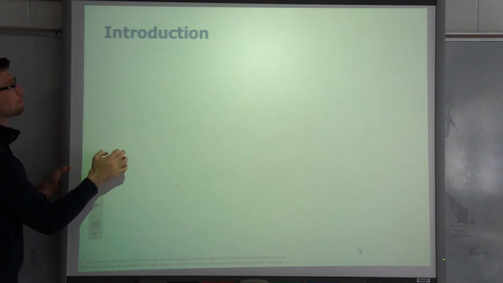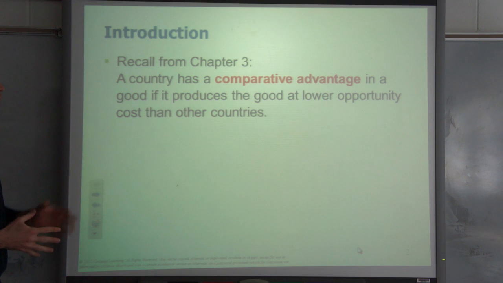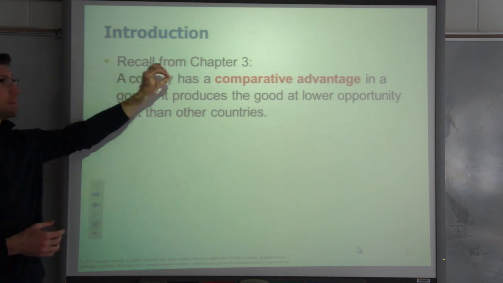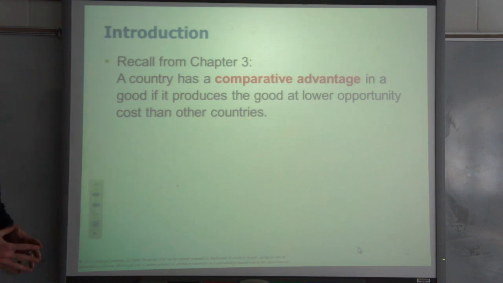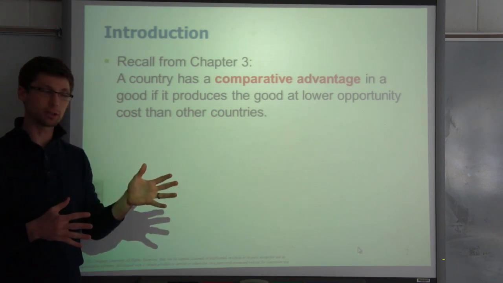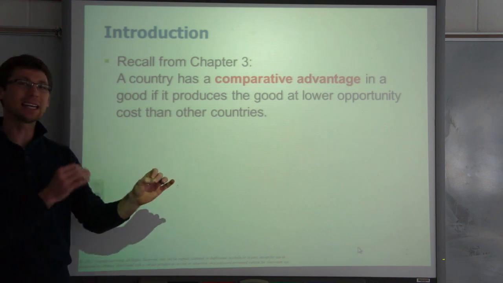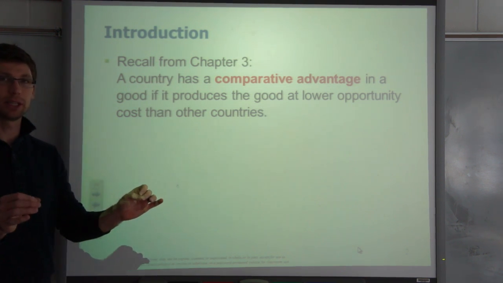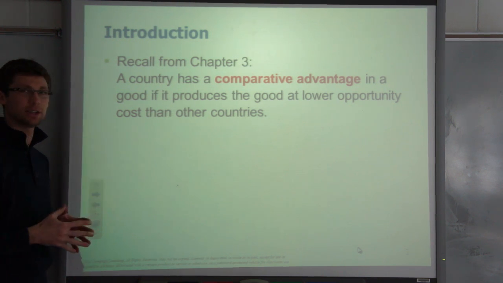Our introduction. Remember from Chapter 3, we talked about international trade. And we said a country has a comparative advantage in a good if it produces that good at a lower opportunity cost than other countries. So if we're producing two goods, maybe it's cars and fish, and when I produce cars, I give up fewer units of fish than you do, we would say I have a comparative advantage in it.